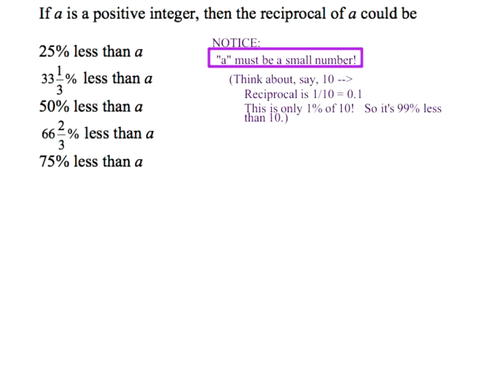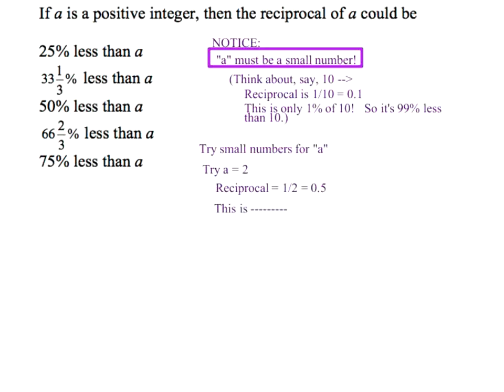So let's try small integers. The first thing to do is try A is 2. That's the smallest positive integer that's not 1. That means the reciprocal is 0.5, and that's 75% less than 2.